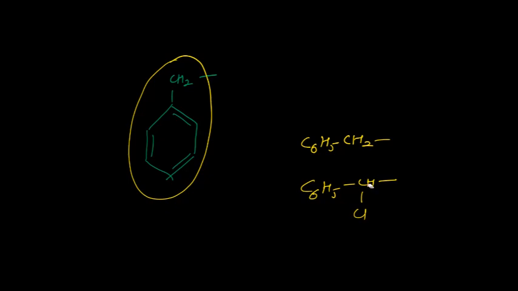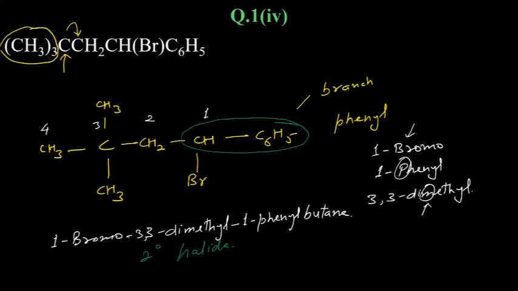There is another possibility that this can be replaced by two Cl groups, even then it is benzylic group, because it is actually this part which we are considering. Carbon is attached to the benzene ring, which is actually the benzylic group. Now, if I consider this one, it is actually the benzylic group here. So it will be benzylic halide.